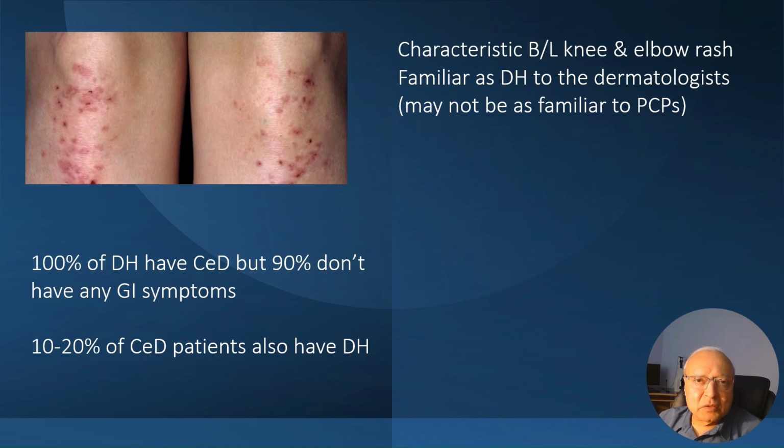And as soon as they see this kind of rash, they order a celiac disease testing. And 100% of dermatitis herpetiformis patients have celiac disease by definition because of the serology and genetic susceptibility and even lymphocytic duodenitis. But 90% of them don't have any GI symptoms.